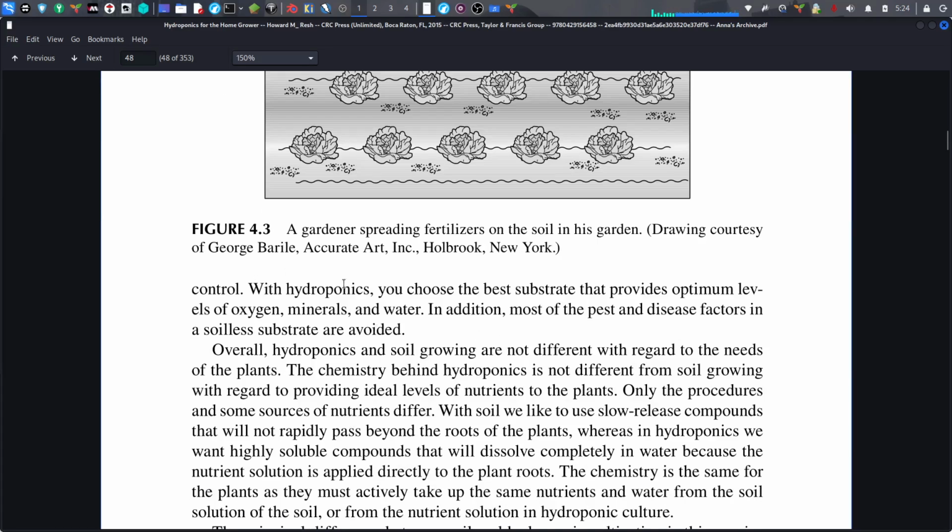With hydroponics, you choose the best substrate that provides optimum levels of oxygen, minerals, and water. In addition, most of the pests and disease factors in a soil-less substrate are avoided.